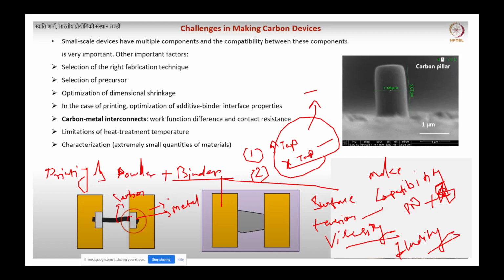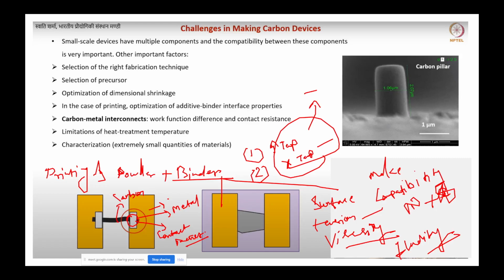In this portion you will have some contact resistance because of the difference in the work functions. You also have to reduce this kind of challenge.